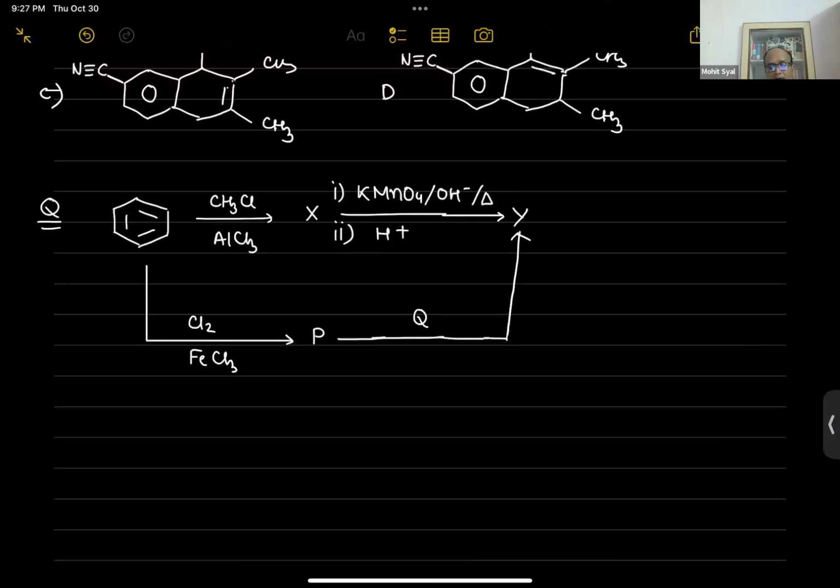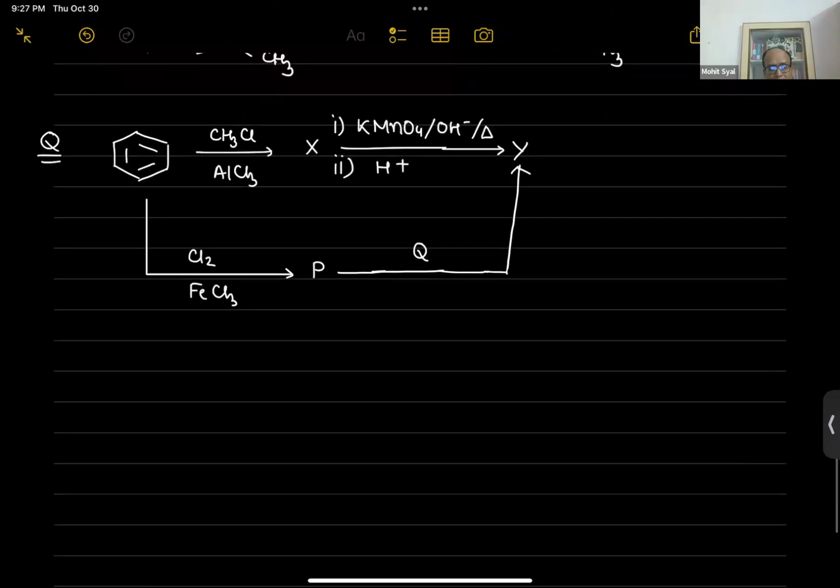In the first reaction, I have given the reagents, and you need to tell me the products. In the second reaction, the product is missing and the reagent is also missing. So which option is correct?